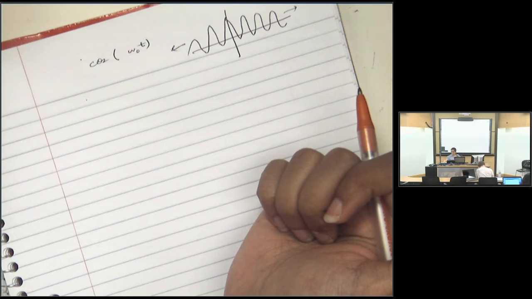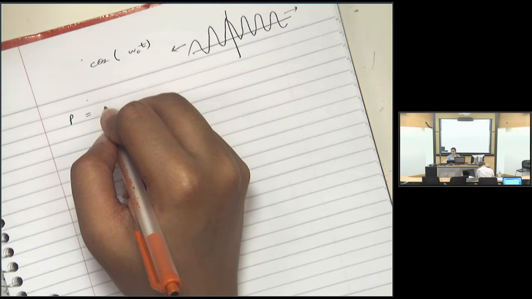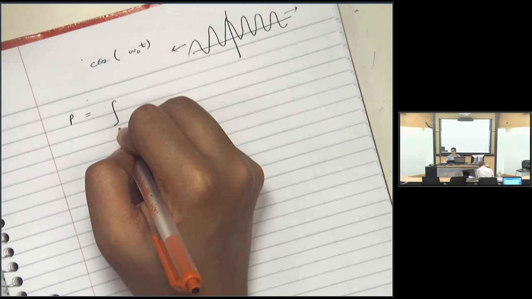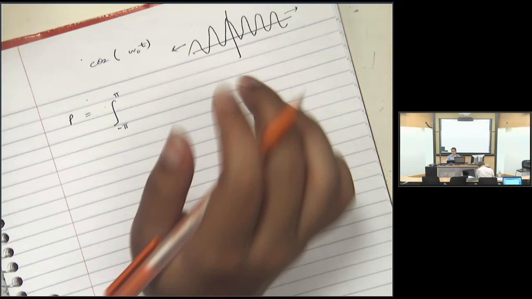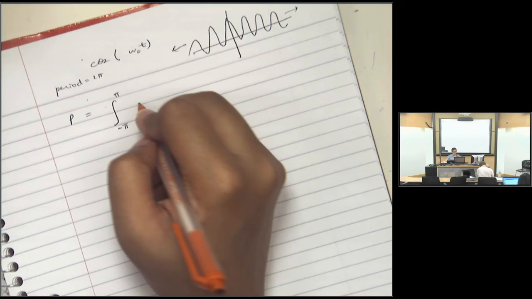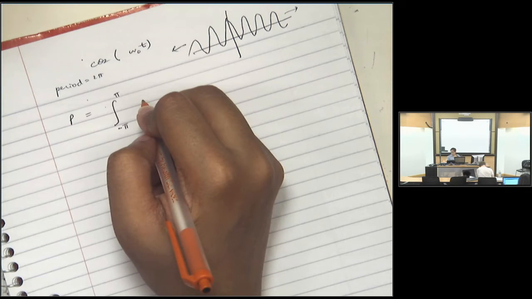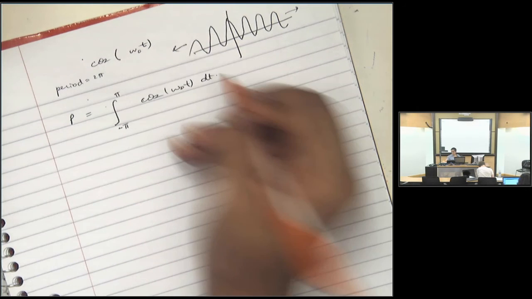Alright, so power, how will you calculate the power? The period of cosine is 2 pi, so you're going from minus pi to pi, cos omega naught t dt.